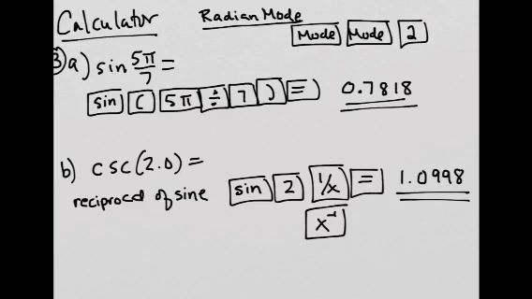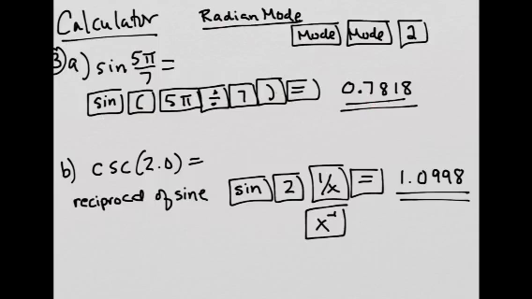On my calculators, you hit mode 2 times, and then you hit 2, because that's going to give you the radian mode. So once you do that, you just put sine, left parenthesis, because you want to tell the calculator that this is together. So left parenthesis, 5 pi divided by 7, right parenthesis, equal, and this is what it's going to give you. Okay, that's letter A.